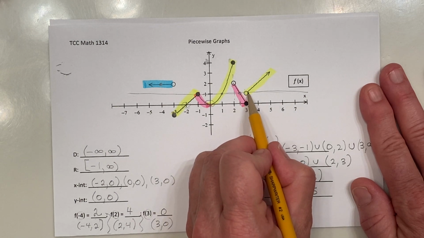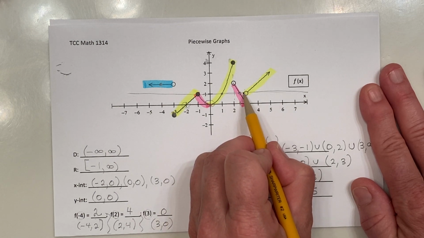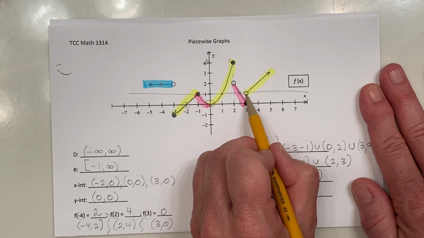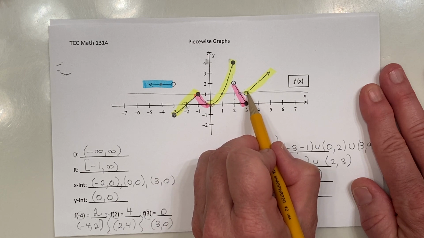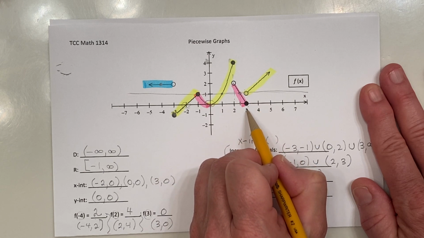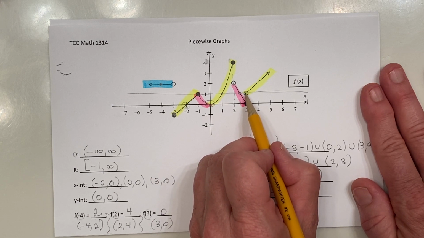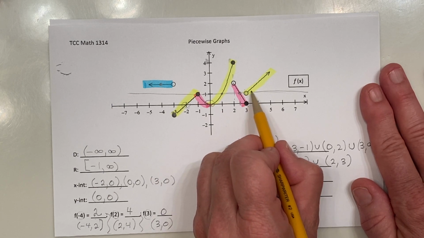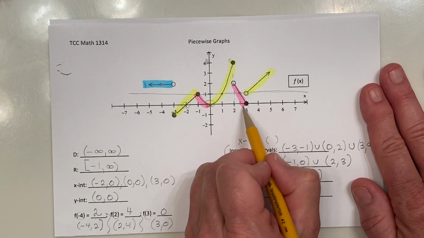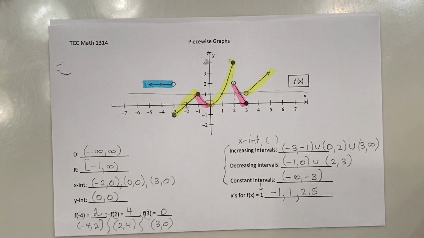And if I continue, notice that this height of y equals 1, we see that we have an open circle here, so I can't include x equals 3 because that's an open circle. It's not included. If that had been a closed circle intersecting with this horizontal line, then I would put 3, but I don't have that closed circle there.